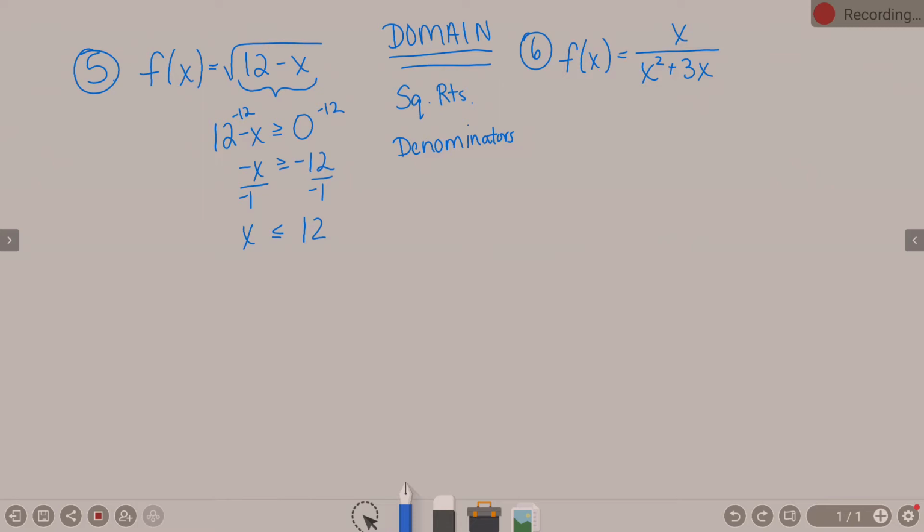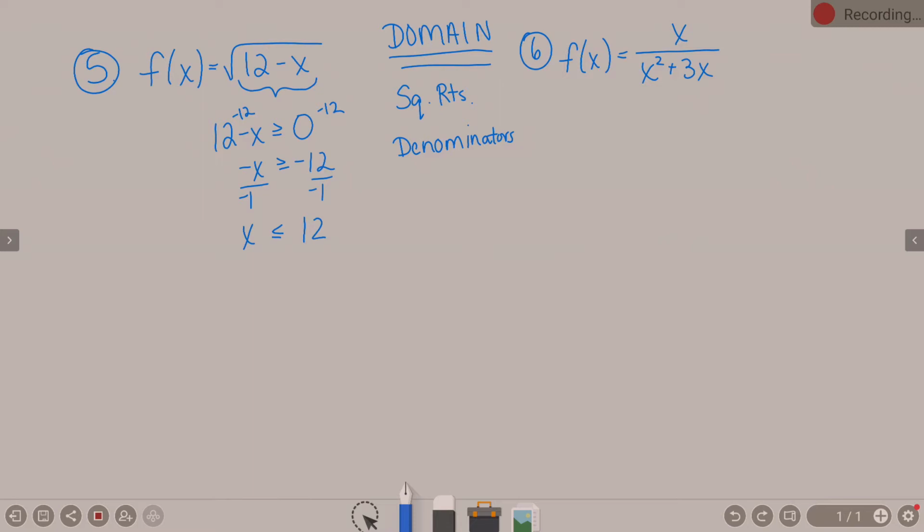But this 12 gives me an indication. So if I change my window settings and make my x max something bigger than 12, say 15, and I regraph it, now you get a whole view of the image, don't you?